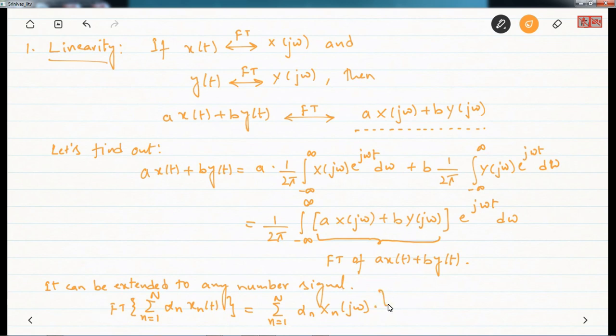So this is the general equation, the general linearity property. Right? Okay. So we are done with linearity.